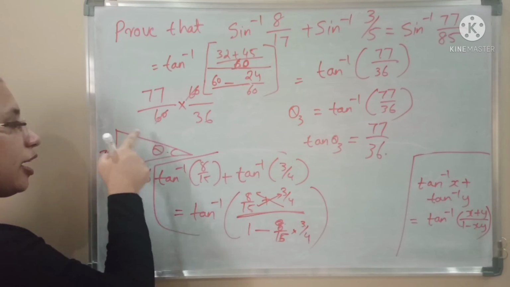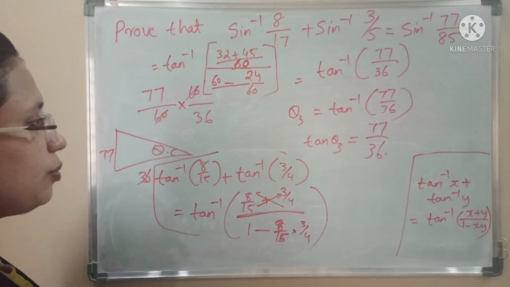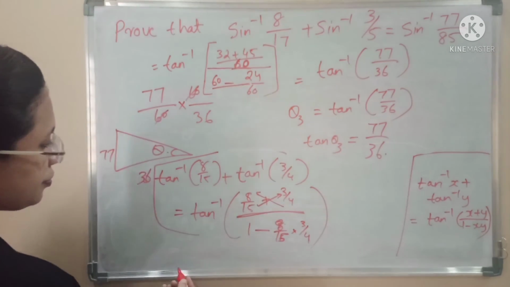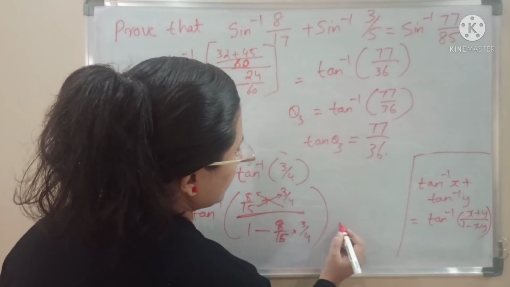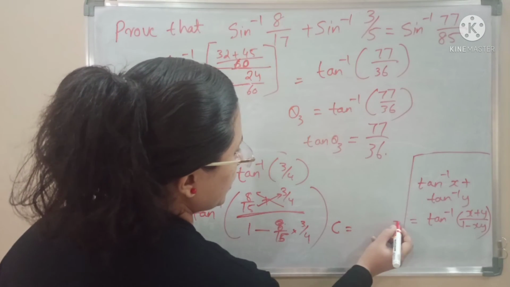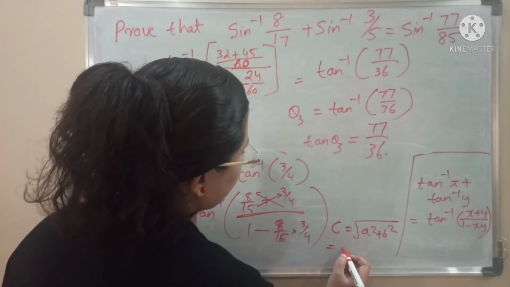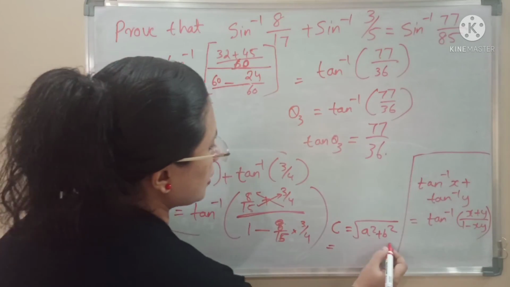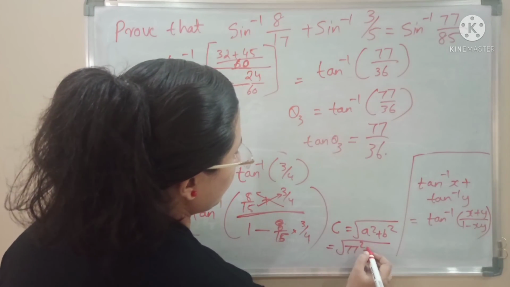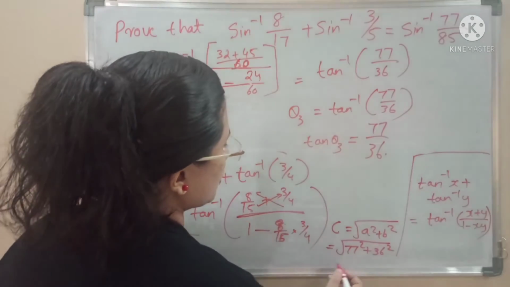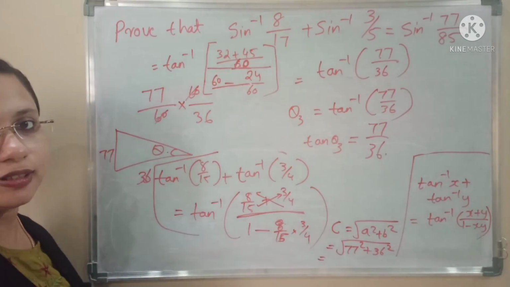Opposite side by hypotenuse. How to get the hypotenuse value? I'll just write here, that is C. C equals root A square plus B square. That is, A value is 77 square plus 36 square. Just calculate what is this value.